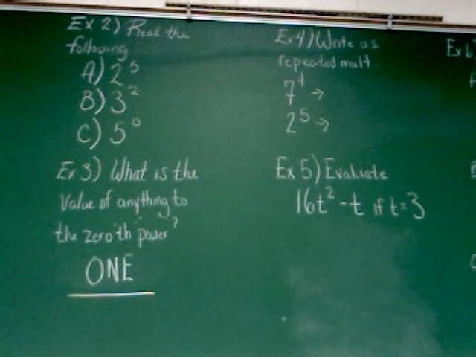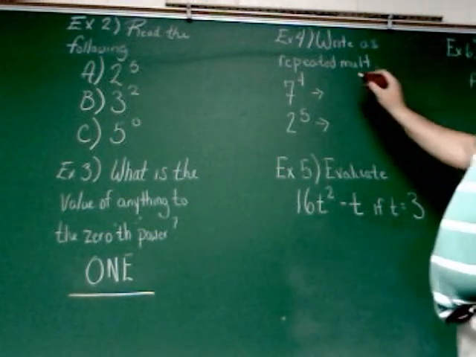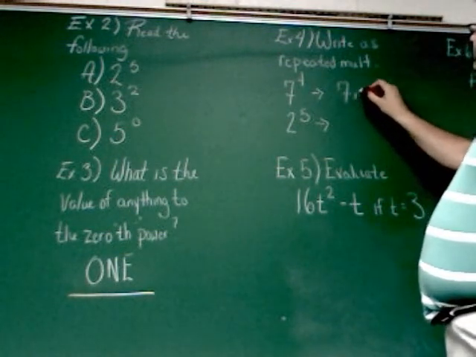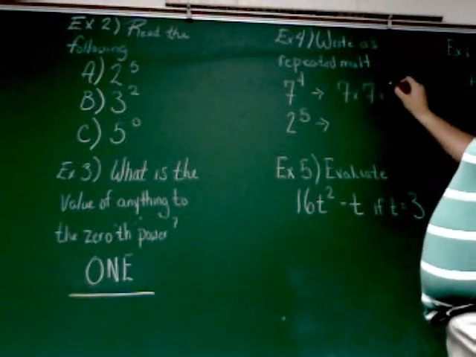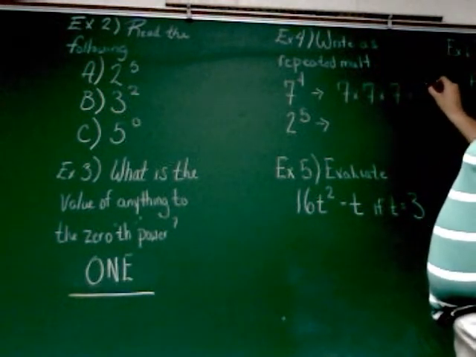All right. Example 4. Write as a repeated multiplication. So they're not asking you here to actually solve the problem. All they want you to do in this example is to write it as a repeated multiplication. So, for example, the first one, 7 to the 4th, all they want you to write down is 7 times 7 times 7 times 7.